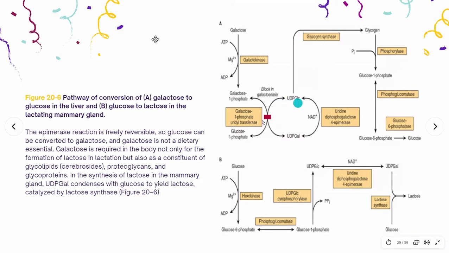The glucose here becomes glucose 1-phosphate. The galactose 1-phosphate here becomes UDP galactose. Okay? And then it can be converted by an epimerase back to UDP glucose, and then glycogen synthase forms glycogen. So this is just the interconversion of glucose and galactose.